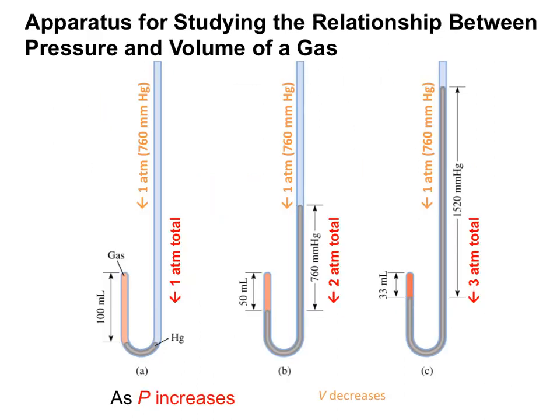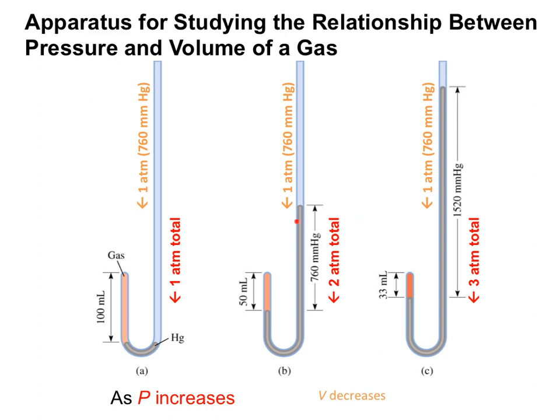So we were discussing earlier the feature of compressibility that's associated with gases. Basically, the apparatus that we have set up here allows us to look at that relationship between pressure and volume. What we're saying is that each one of these quantities of mercury is representing a different atmospheric pressure total. In this example, this quantity of mercury is showing 1 atmosphere of pressure.